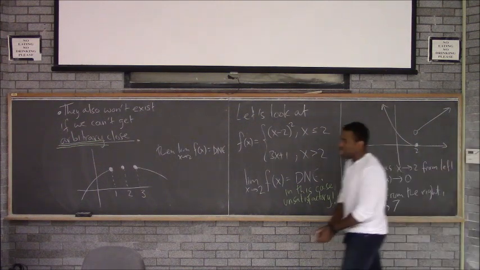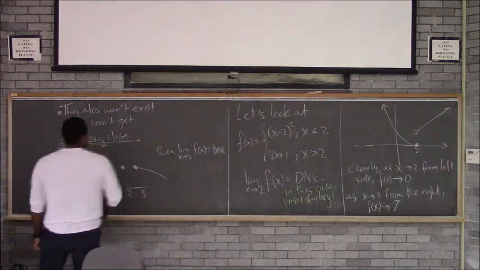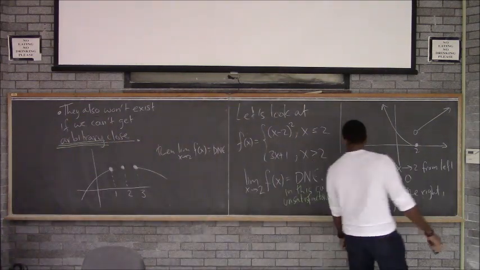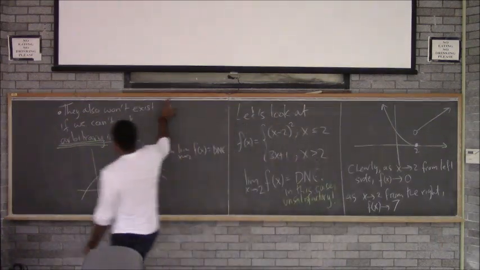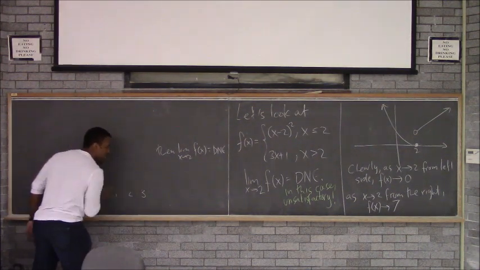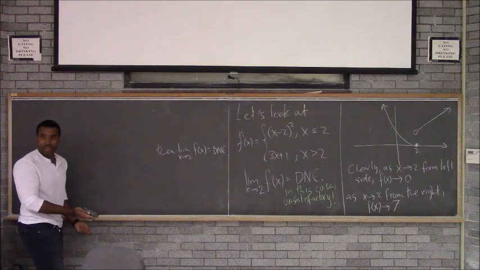So the way around this idea is to talk about what we call one-sided limits. Now, in a couple of semesters, even this is not going to be enough, because once you go into Calc 3 and you're in 3D, you can approach a point from an infinite number of directions.